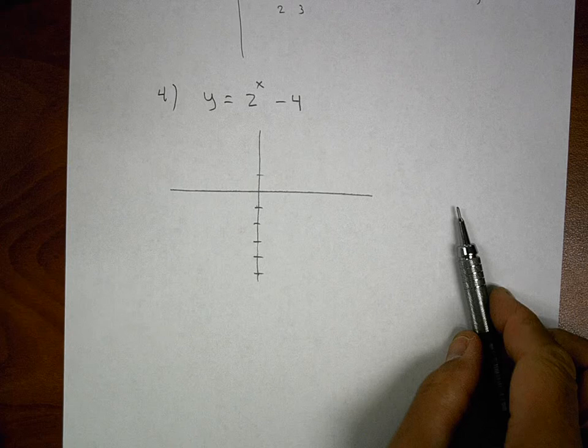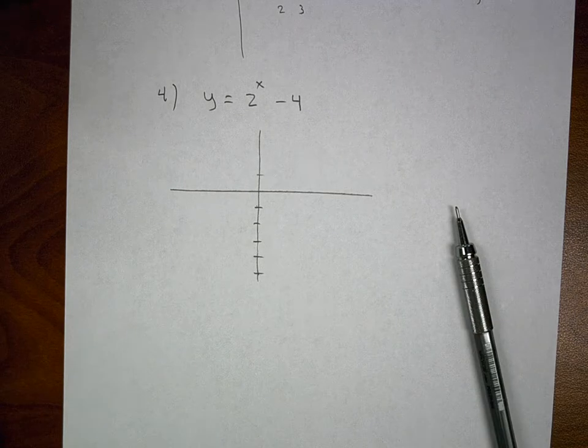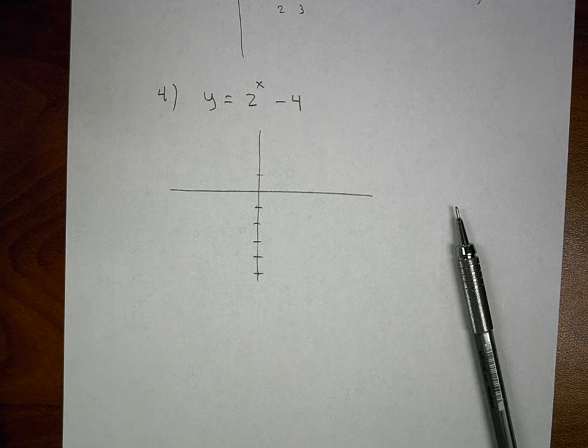So just remember the starting point is at 0, 1. Left and right shift, and your up and down shift. Pick one other point. Know what the shape looks like. I do want you to put the horizontal asymptote in there as well.